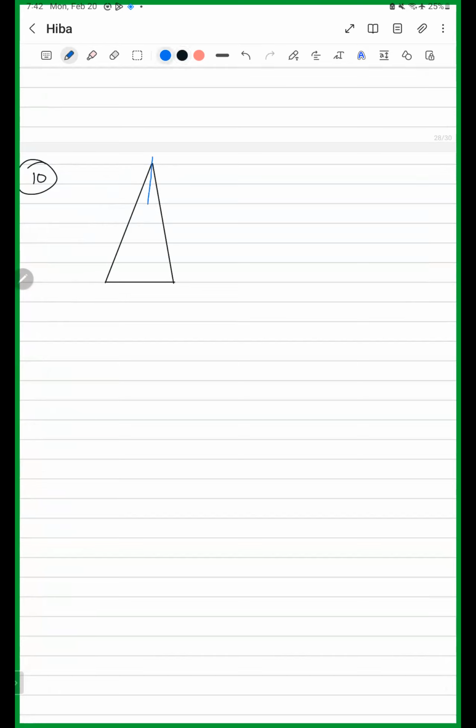This one. इसका हमने जब triangles वाला chapter पढ़ा था, तो we gave it a name. This blue line has a name. What is it called? Median. Very good. It's called the median. And it's also called one more thing. Altitude. Very good, mashallah.